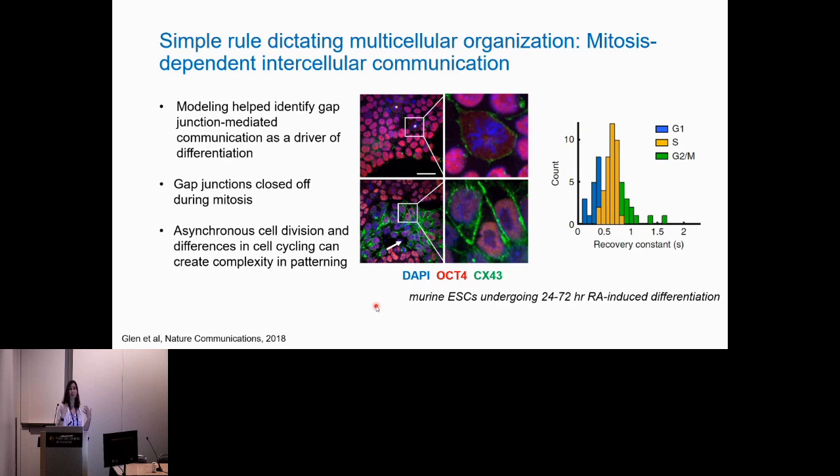And by looking at those recovery constants, he was able to reconstruct the cell cycle state across many cells as a function of that recovery constant. And so it was a way of reconstructing the phases of the cell cycle and the relative permeability, if you will, of the calcein.